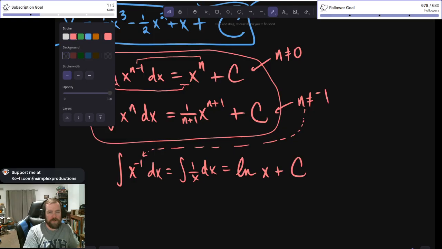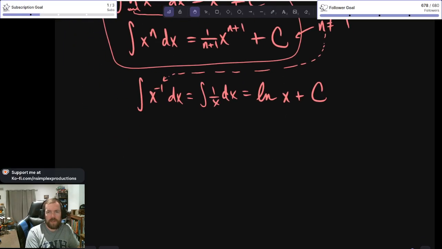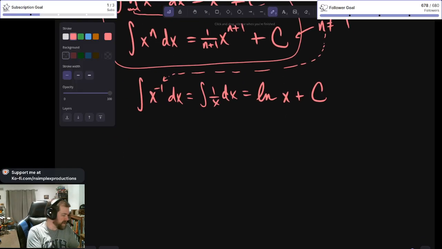Now there's all of these other antiderivatives. We'll just go through with examples. I'm not going to go through all of these. It's kind of ridiculous.